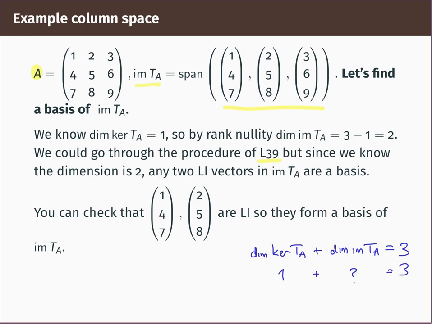We could simply observe that any two linearly independent vectors in the image of T_A must be a basis. Because let's suppose we happen to find, one way or another, two linearly independent vectors, x and y, in the image of T_A. Then, if they're linearly independent, the span of x and y would have dimension 2.